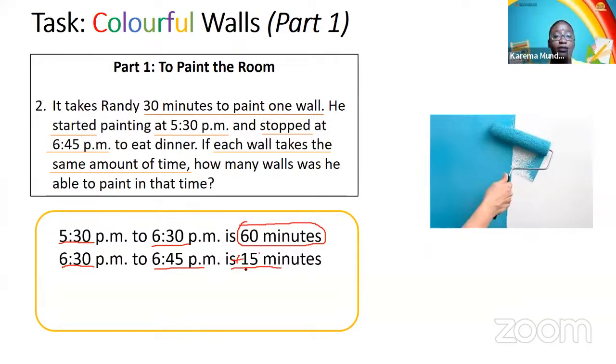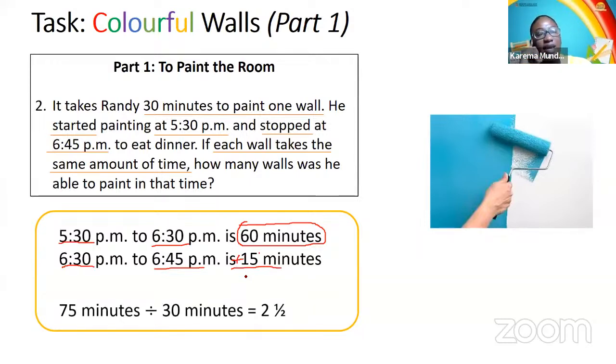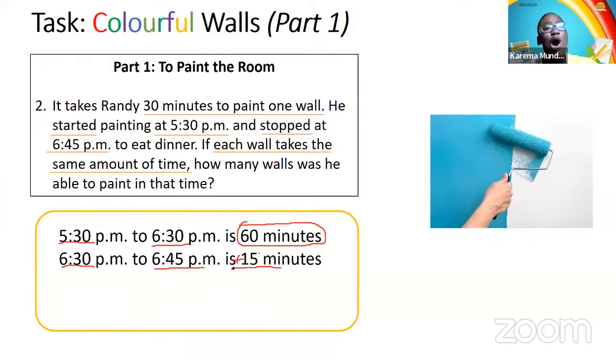Then I'm thinking, if it's 30 minutes to paint one wall, I need to think, how many 30 minutes could I get out of 75 minutes? Which operation, students? Last question I'm going to ask you.